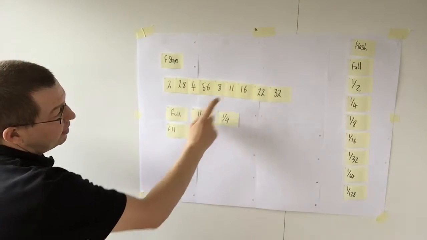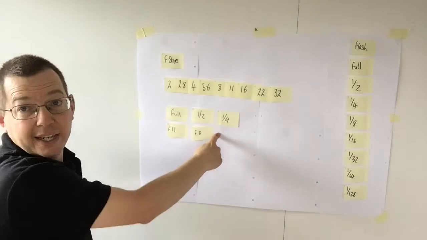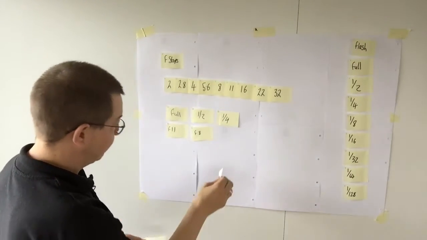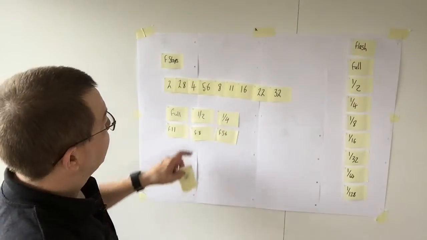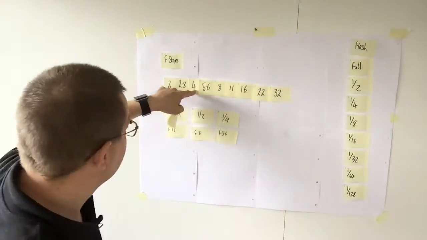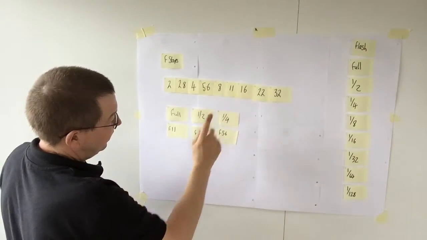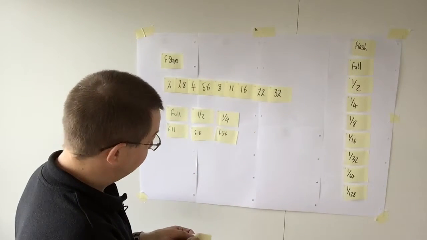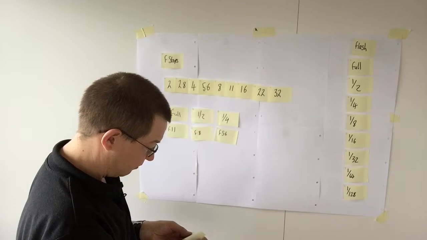We start at f11, f8, f5.6 is here. Same exposure. We want to get to f4, so we go f11, f8, f5.6, f4. This is our goal.